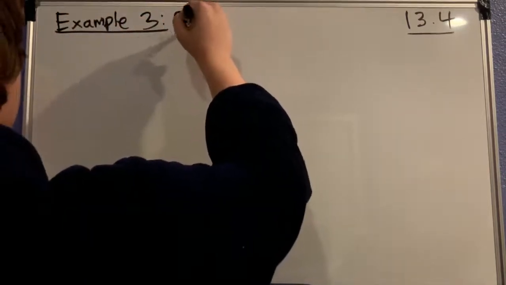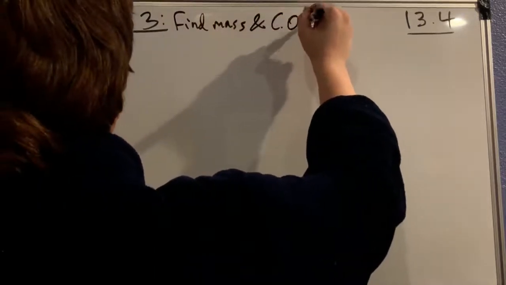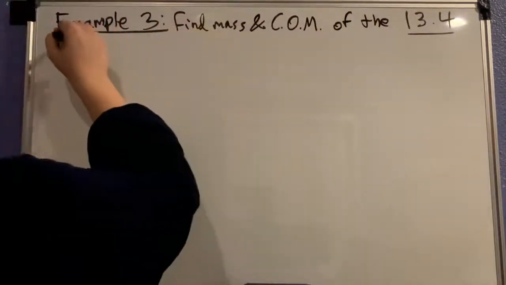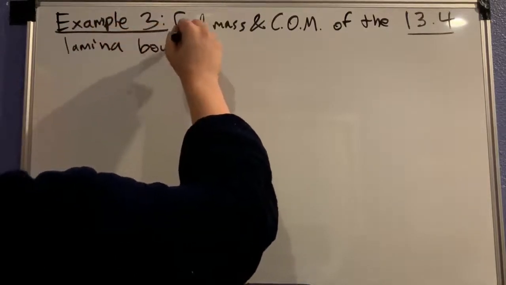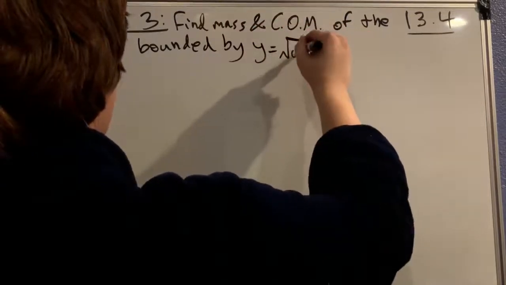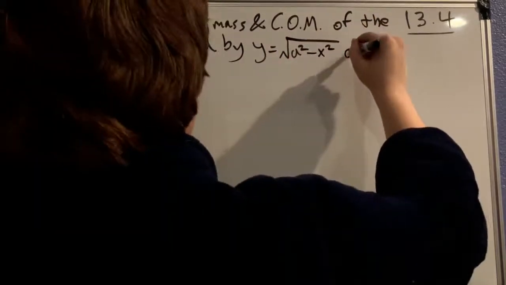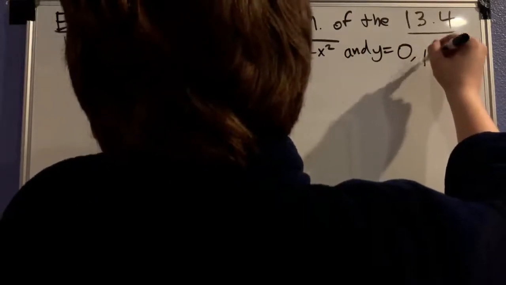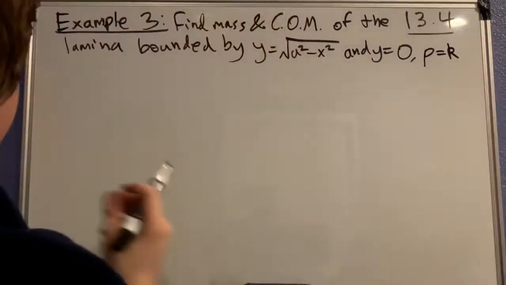Find the mass and center of mass of the lamina bounded by y equals the square root of a squared, which is just a constant, minus x squared, and y equals 0, where the density is constant, equal to constant k.